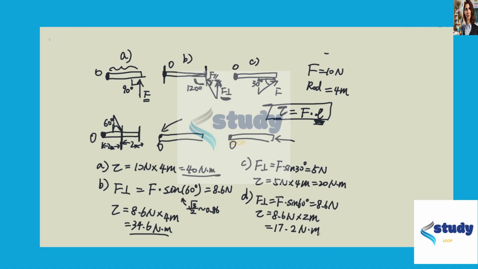Okay, now the tricky part. What happens for E and F? It might be easier to think of F. If you have this rod and you're just pressing it at the end, it doesn't really rotate because you're just pressing it. Also, by symmetry, if you're pressing it horizontally, it has an equal chance of going up and going down because everything's symmetric, so you can't really tell.